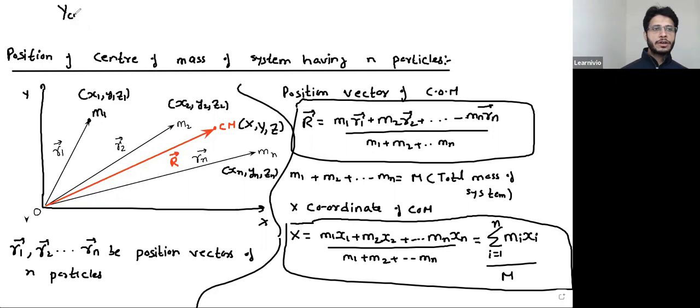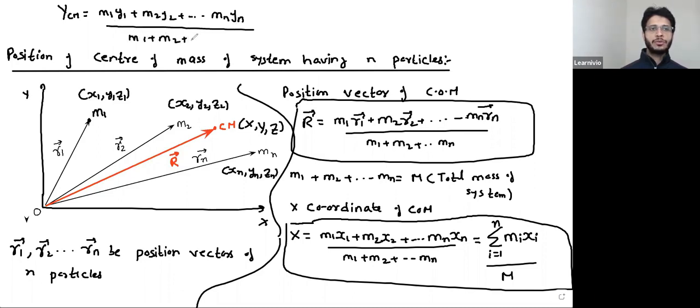The y coordinate of center of mass is m1 y1 plus m2 y2 up to mn yn divided by m1 plus m2 up to mn. This you can write as summation of mi yi divided by total mass, i equal to 1 to n.